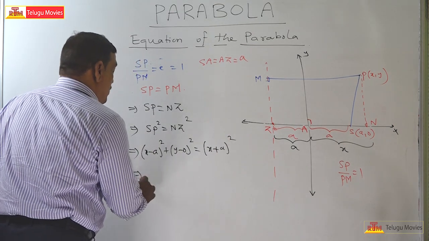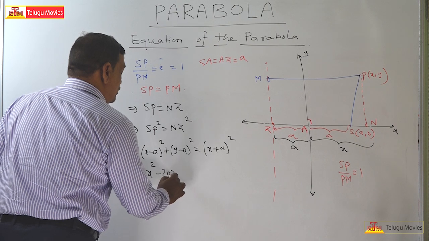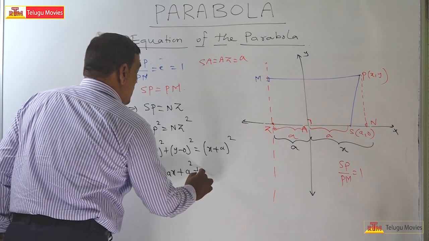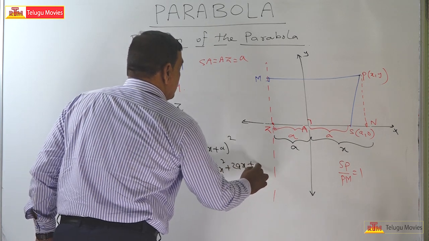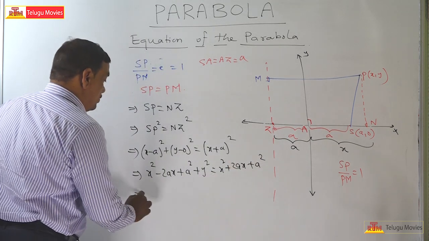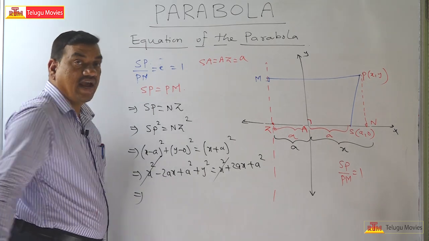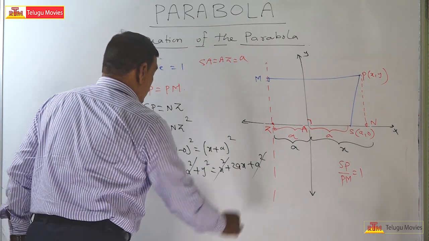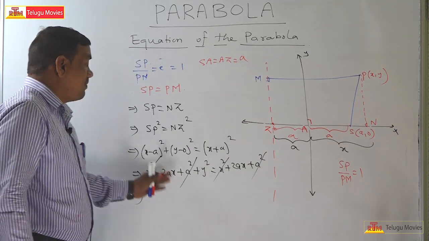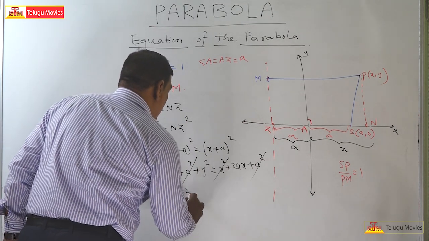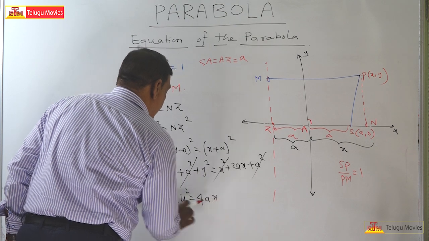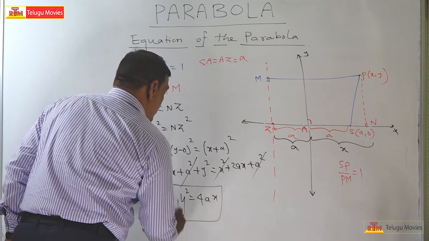Now simplify it: x squared minus 2ax plus a squared plus y squared is equal to x squared plus 2ax plus a squared. So x squared cancels, a squared cancels, take minus 2ax to the right-hand side, and you will get y squared is equal to 4ax.